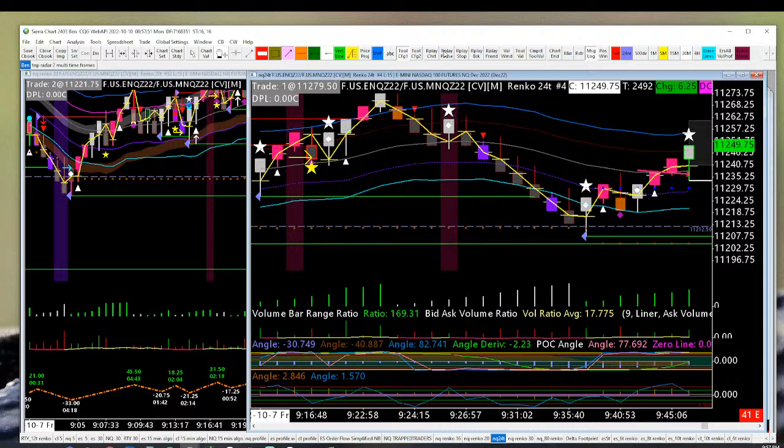Now, it doesn't mean that you're going to go a lot higher, but it means that this guy is about to be trapped, right? And depending on where he is in the channel, it gives you an idea of how long you want to hold. The higher the red ones are on the channel, the less you can hold your longs, because it takes more and more aggression and volume to keep this momentum going the higher you get above the channel.